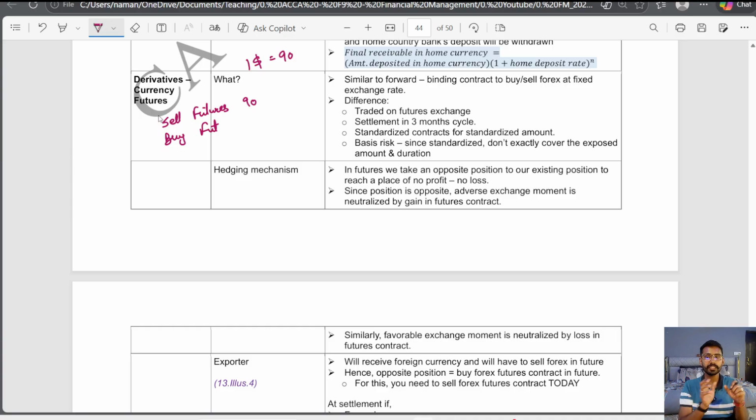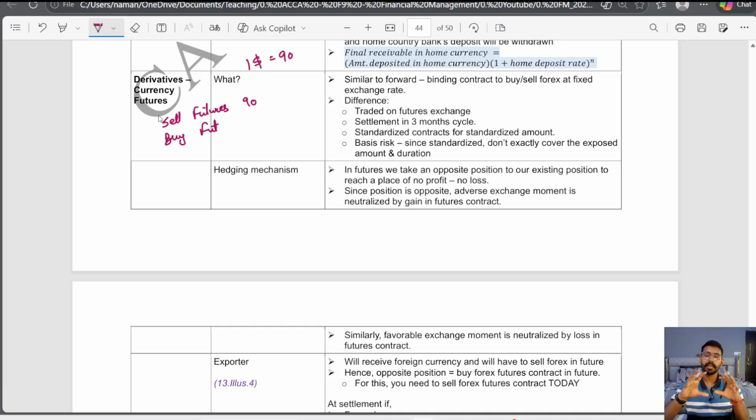What you try to do is, from the gains on your futures, set off the losses of your main transaction. But it also goes the other way. If you are getting a gain on the normal transaction, it will lead to a loss on the futures contract, ultimately neutralizing the impact. So hedging is not done to earn profit. It is done to get certainty. It is to get into a position of no profit, no loss.